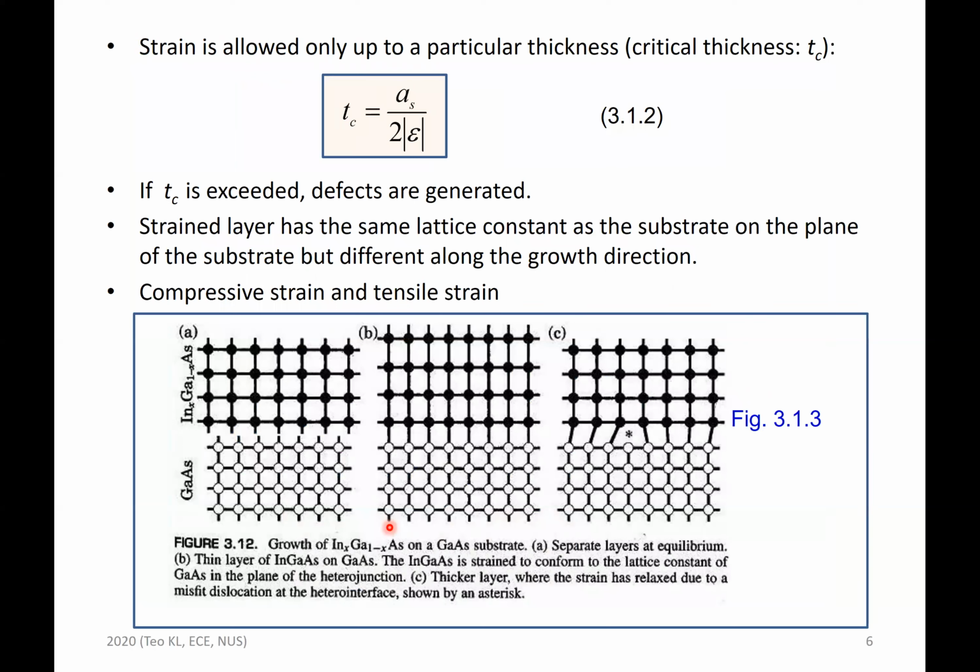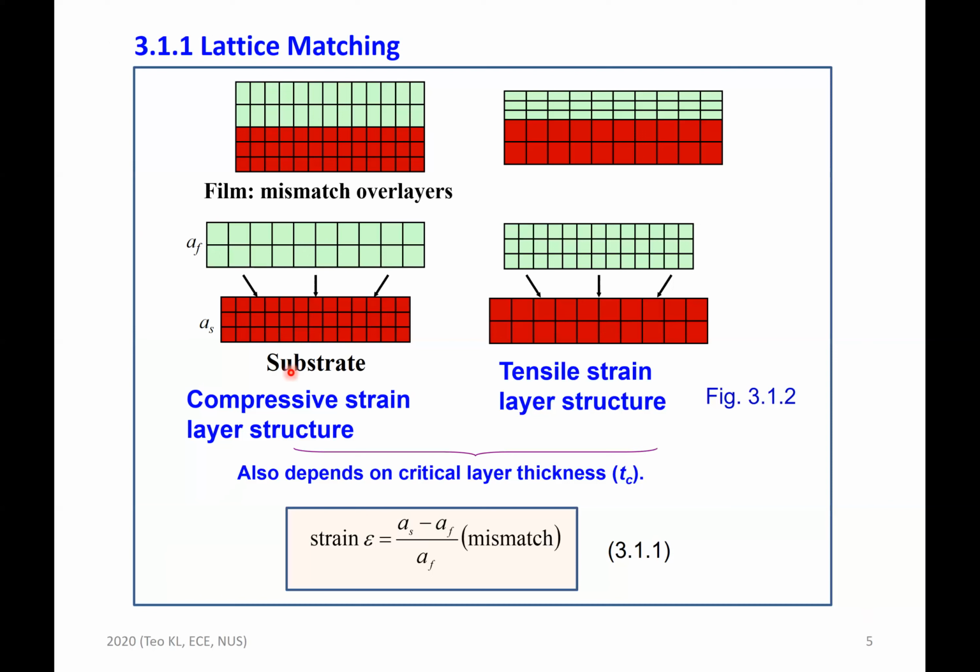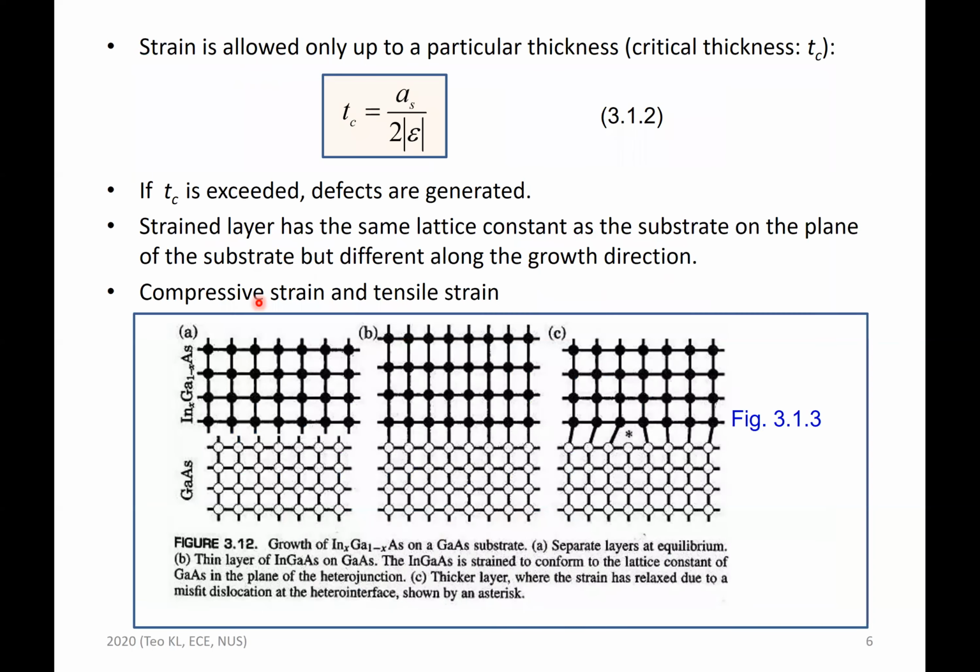Now, the strain is only allowed up to a particular thickness, which we call the critical layer thickness, such that it can be accommodated at the interface and the lattice constants of the film and the substrate can still match. So what is this critical layer thickness? I will just quote the result.